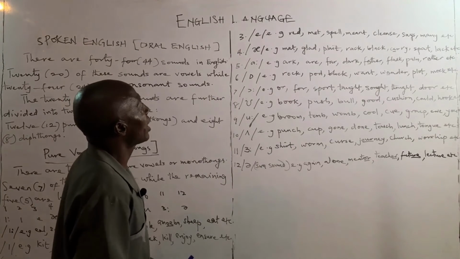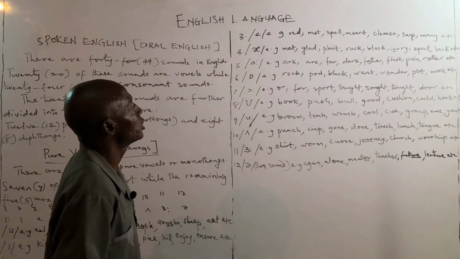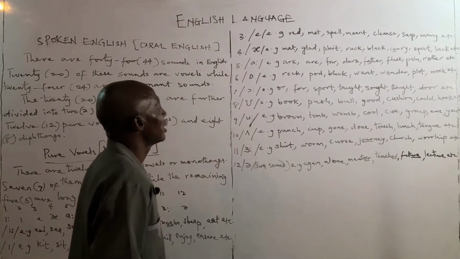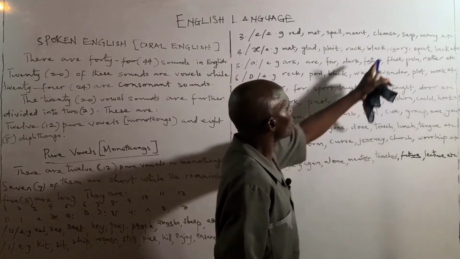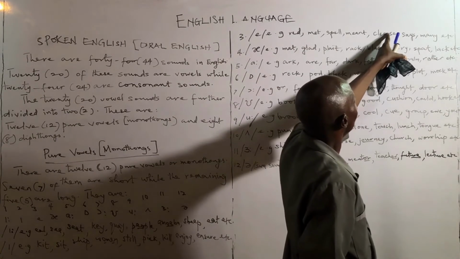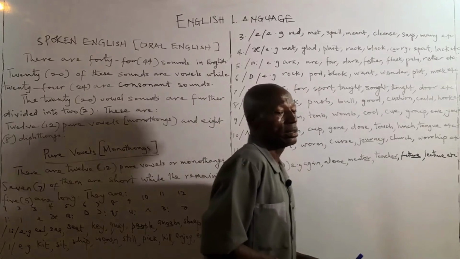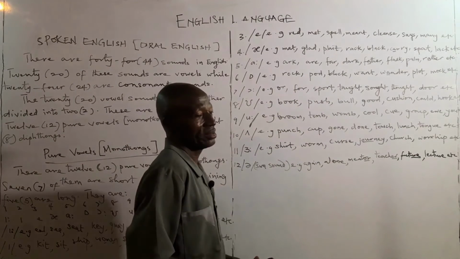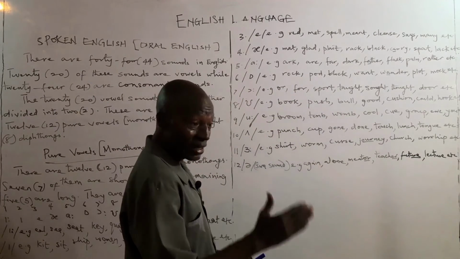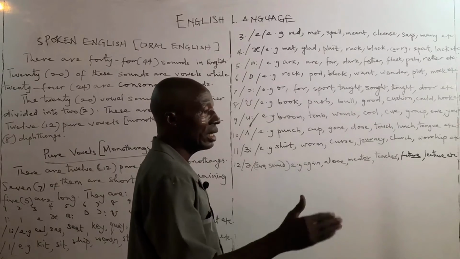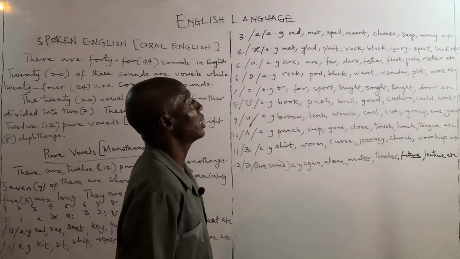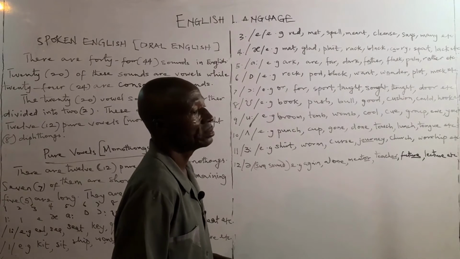We have read, met, spell, meant, cleanse. Take note of that place. I deliberately put it there. You know, some people will say cleanse. You have clean, C-L-E-A-N. But this one is cleanse. Then we have says.